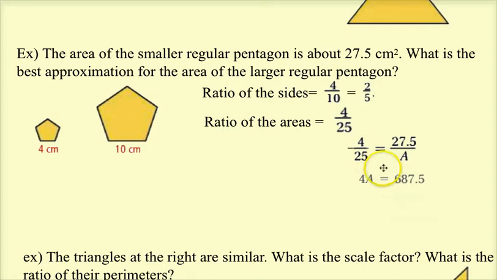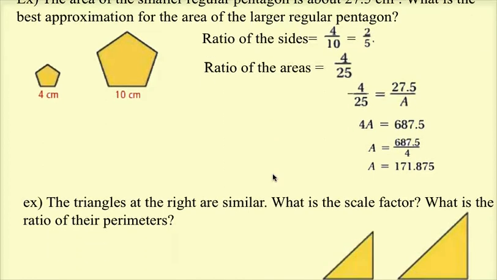So 4 times A is 4A, 25 times 27.5 is 687.5, and I'm just solving. So I'll divide by 4, and the area of the larger pentagon is going to be 171.875. So knowing this will allow me to figure out the actual area of certain figures if I know what the ratio of the sides are.